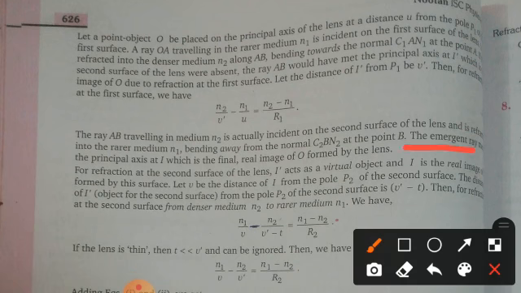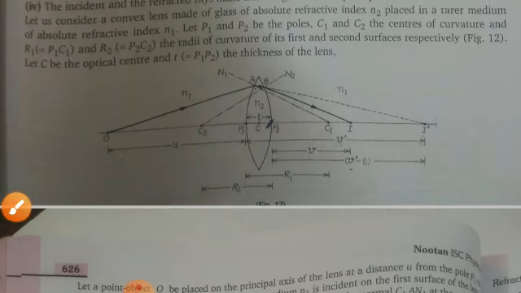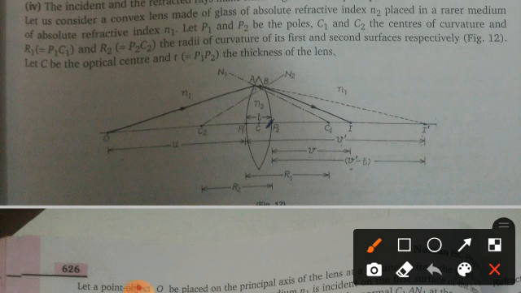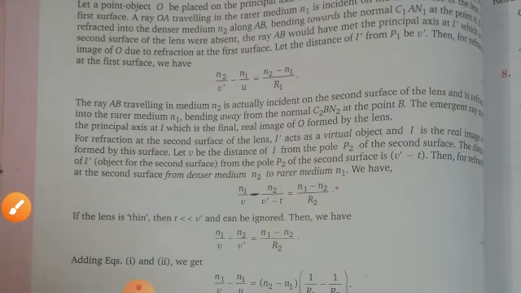In the figure you can easily see the real image formed by the emergent ray. This is the real image of object O. I hope you understand it.